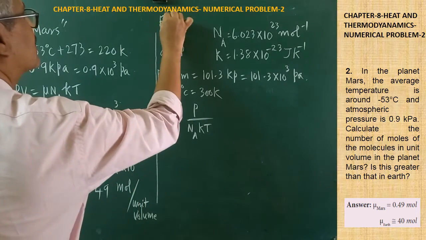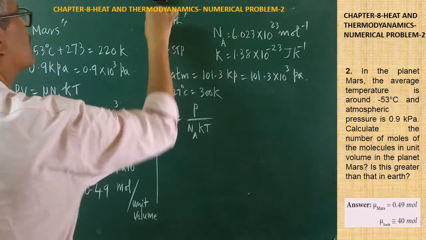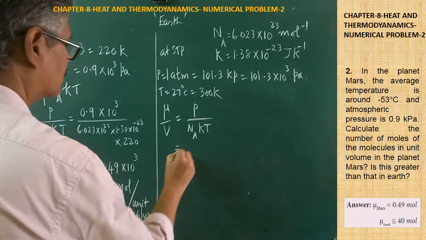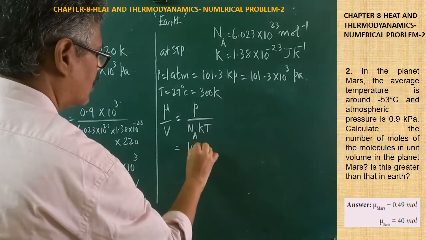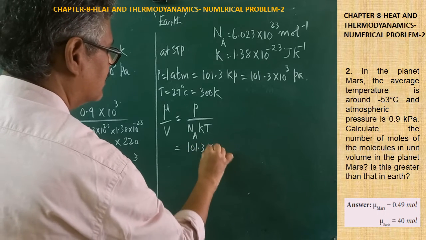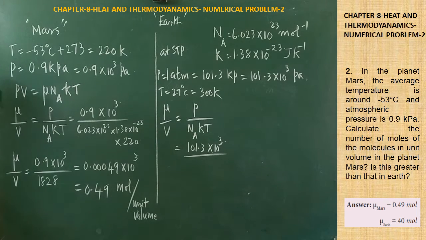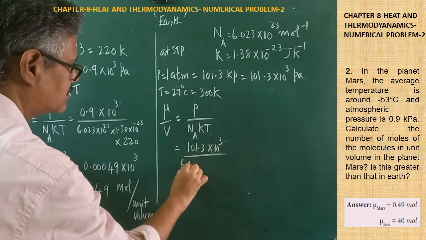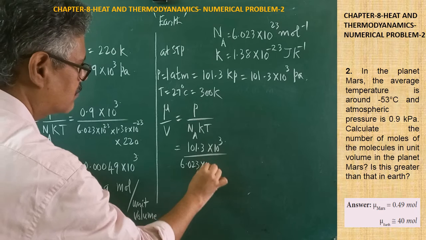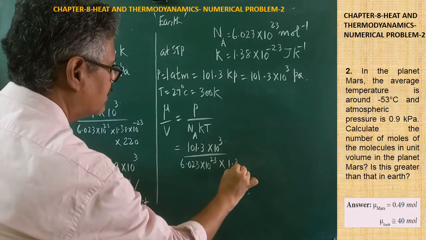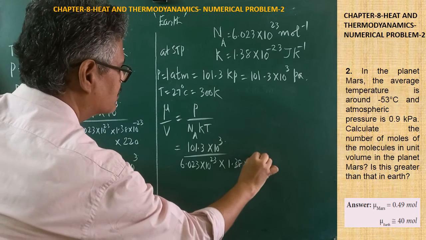So I am dealing with the planet Earth. The pressure and temperature alone differ; the rest of the constants are the same. Substitute now. The pressure value is 101.3 into 10 to the power of 3, divided by NA, 6.023 into 10 to the power of 23, into 1.38 into 10 to the power of minus 23.